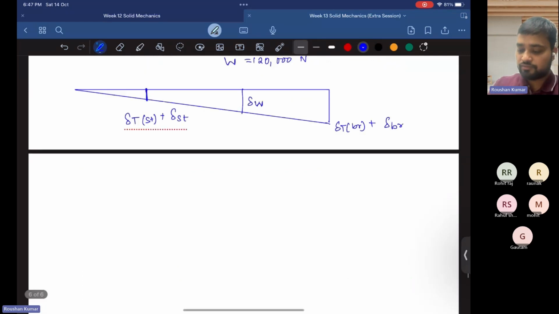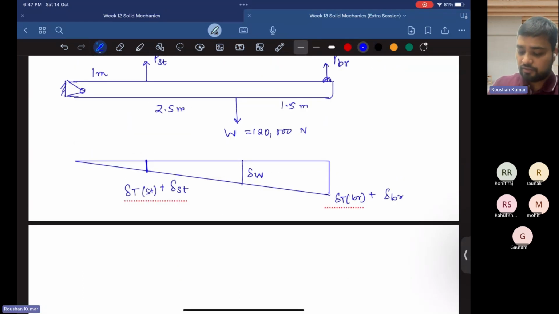Now, using the concept of ratio, if you see these two triangles, they are similar triangles. Using the concept of similarity, we can say the ratio of these two lengths will be the same.